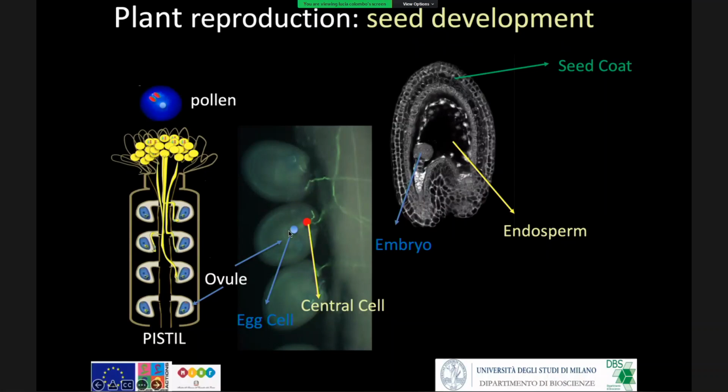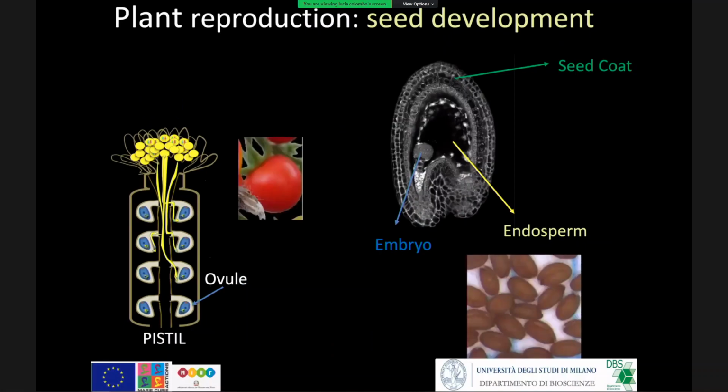One male gamete fertilizes the egg cell to give origin to the embryo. The second one fertilizes the central cell to give origin to the endosperm, the feeding tissue of the embryo. So upon double fertilization, ovules develop into seed and pistil develops into fruit.